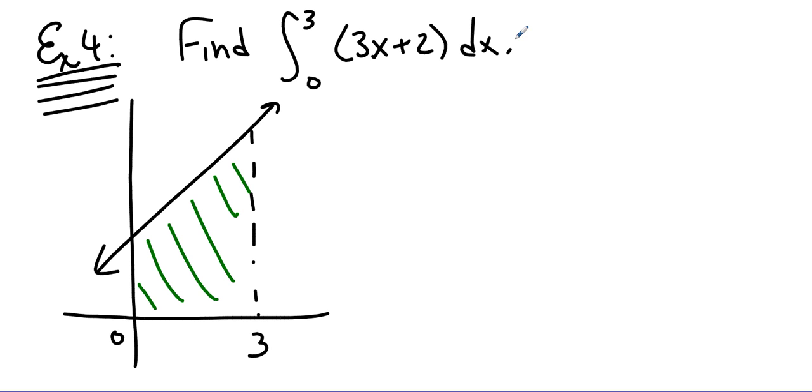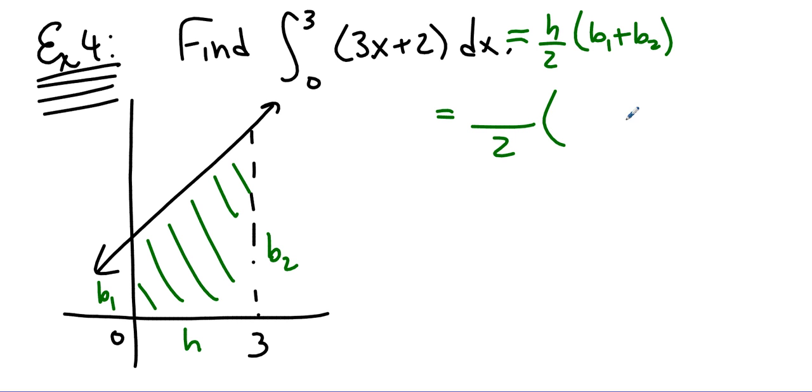How do you find the area of a trapezoid? It's height over 2 times the sum of the bases. But that's the height, that's base 1, and that's base 2. What's the height? 3. What are base 1 and base 2?